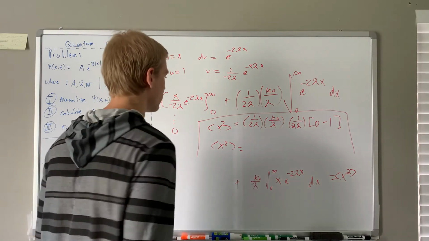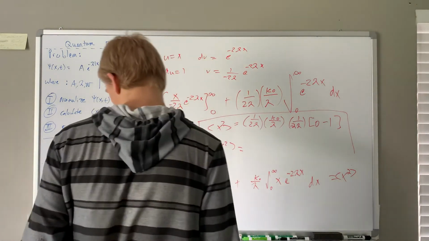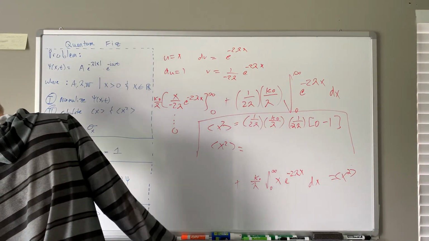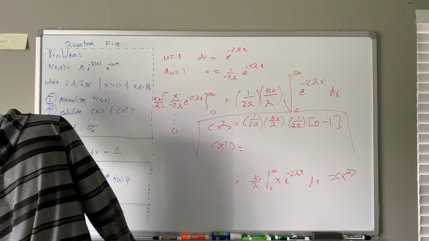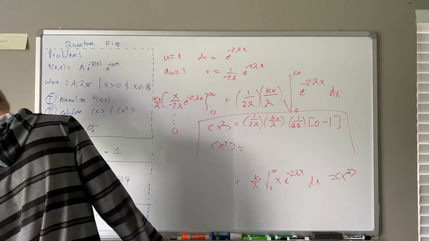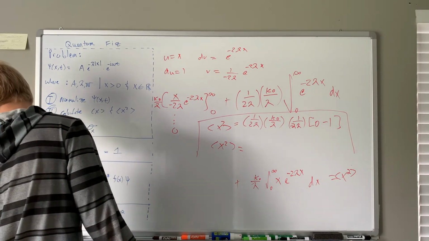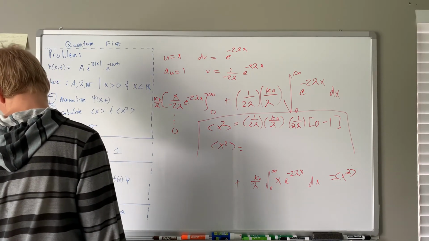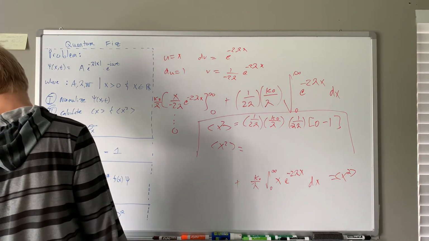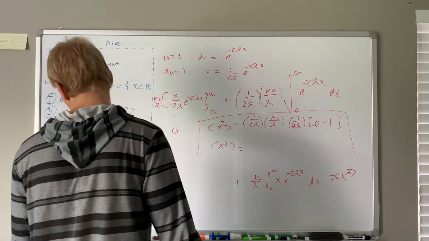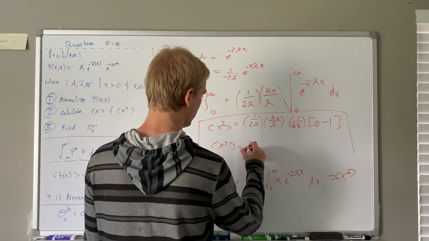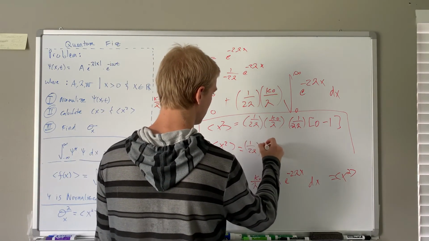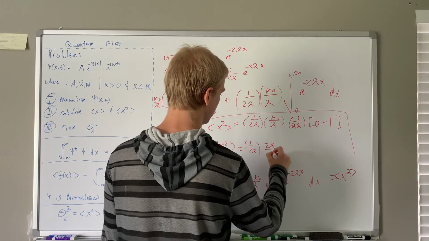And also I have to recall what k naught was, and I believe I wrote it down, so I wasn't done. k naught ended up being 2 lambda. So I get 1 over 2 lambda times 2 lambda over lambda.